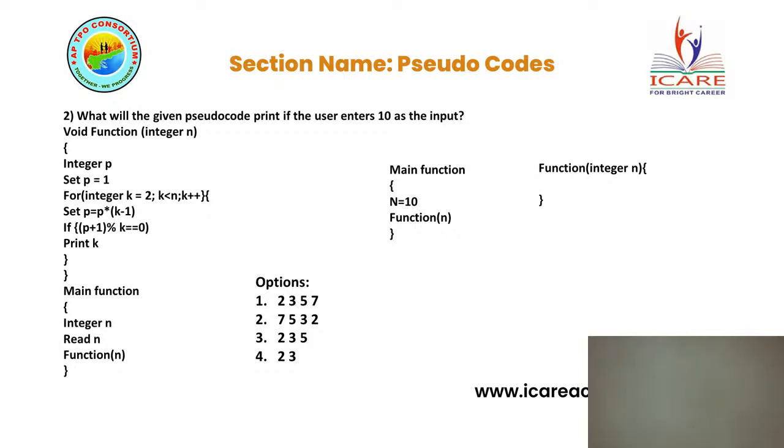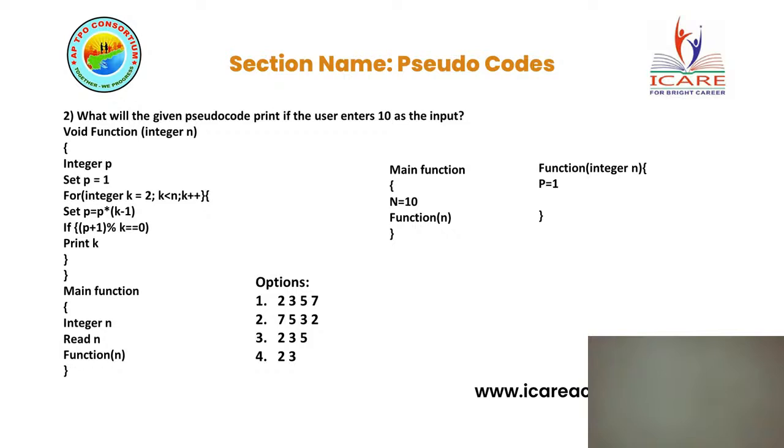Within the function, we have another variable, integer p. In the next statement, set p equal to 1, so we are assigning the value. Next is the statement for integer k equal to 2, k less than n, and k plus plus.